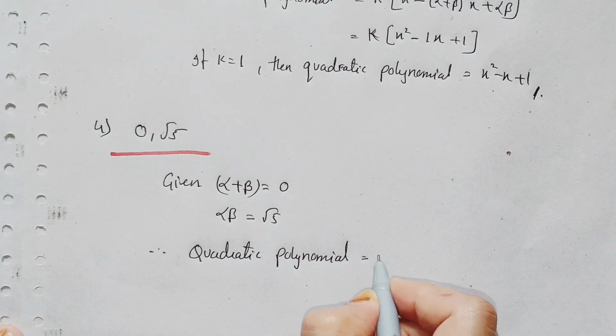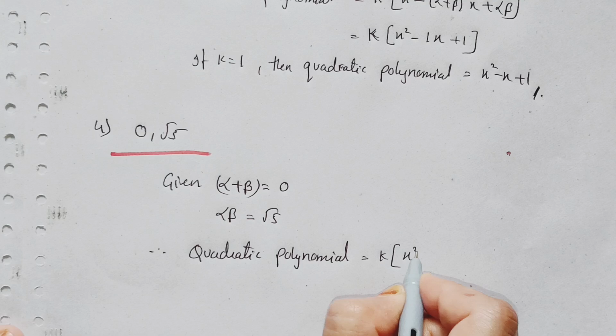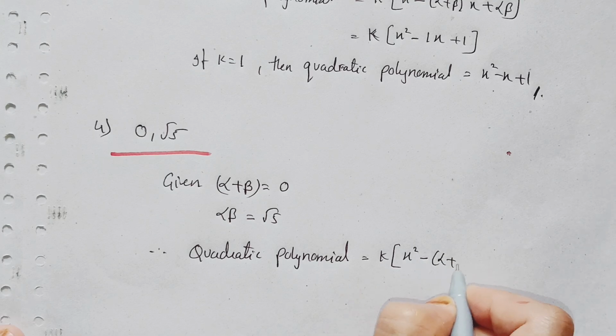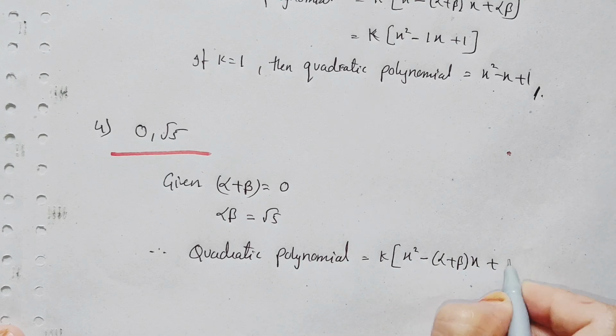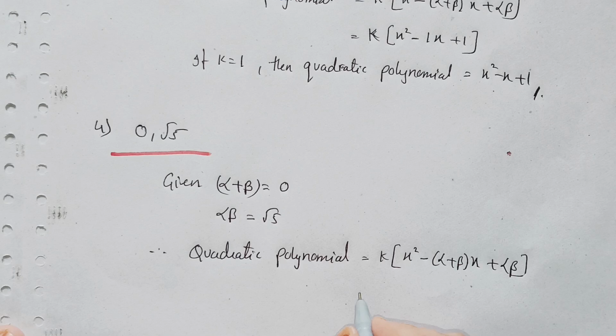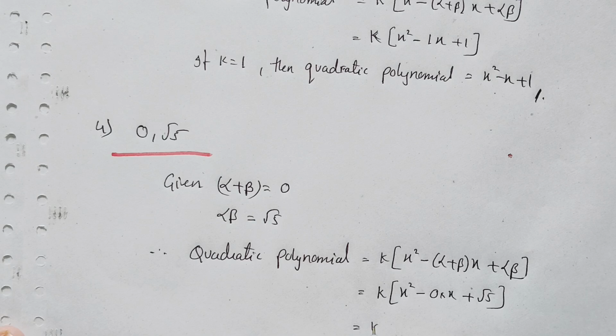Therefore the quadratic polynomial is k of x square minus of alpha plus beta of x plus alpha beta. K of x square minus alpha plus beta means 0 into x plus alpha beta means root 5. Therefore k of x square, 0 into something means 0, plus root 5.